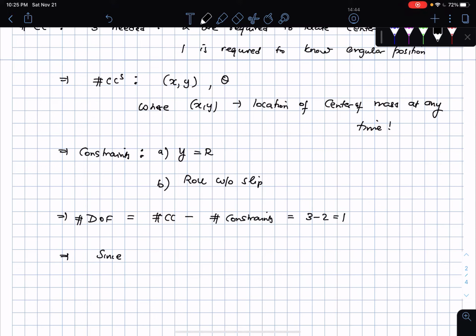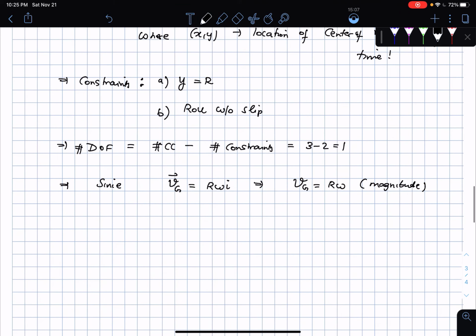Okay, so here is the idea. Since Vg, I want to write the G as a subscript, I'm sorry. Vg is r omega in the i direction, which means if I look at just the magnitude of the velocity, Vg is r times omega. Okay, and then I can say that omega is the same as theta dot, and alpha is theta double dot, where theta is the angular displacement of the disk.